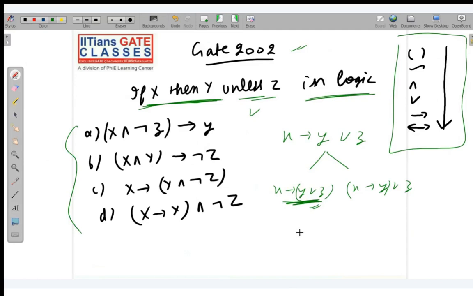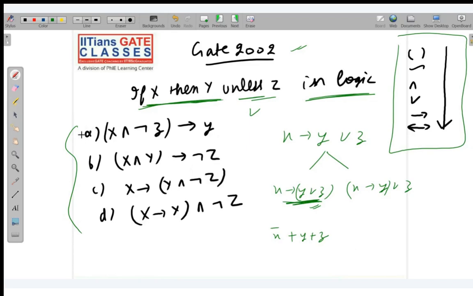So let me try to change it. Let me say it in Boolean algebra style. X bar plus Y plus Z. That is the scenario. Now see what the options are saying. X and not Y implies Y, X and Y implies not Z, and so on.